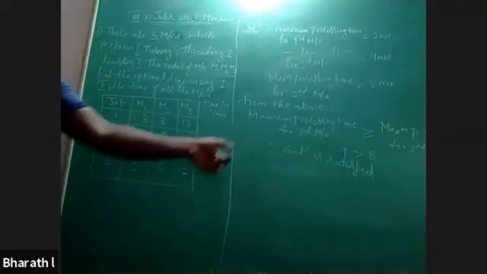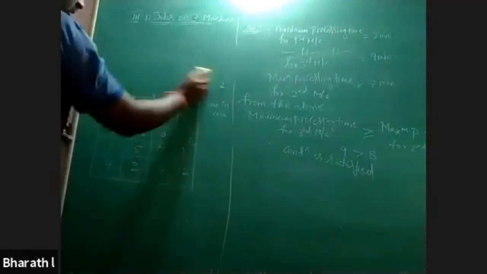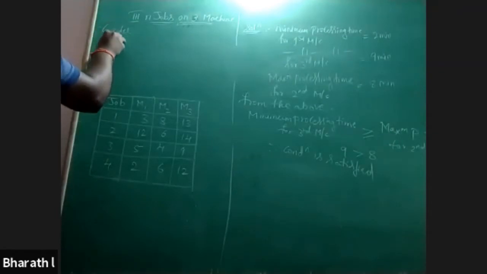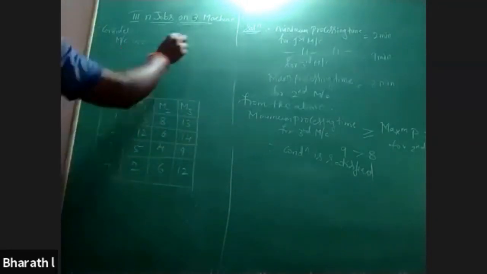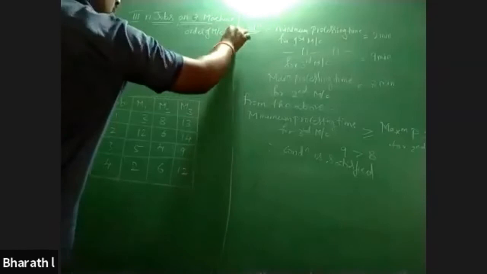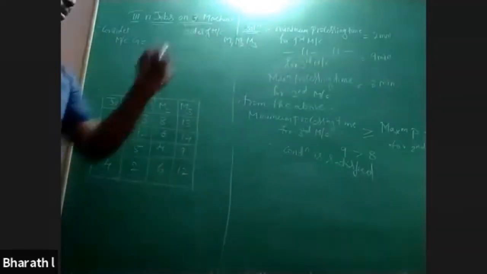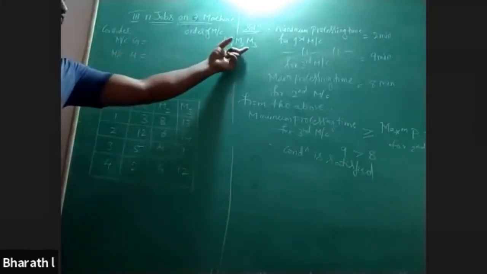Once the condition is satisfied, we will consider 2 machines, say machine G and machine H. Since the order of the machines given is M1, M2, M3, we need to consider M1, M2 first.